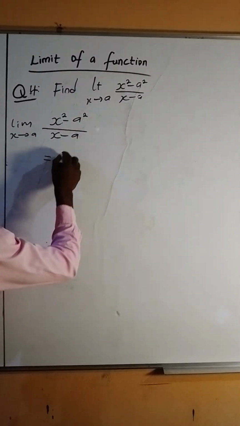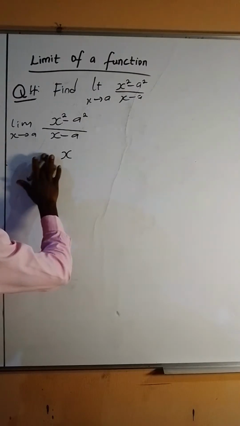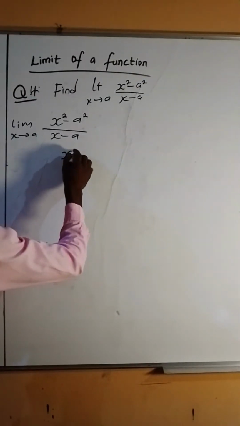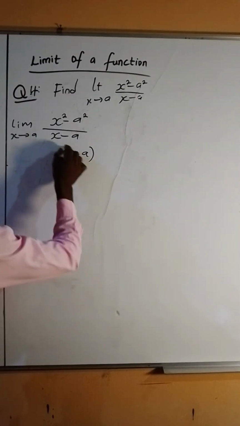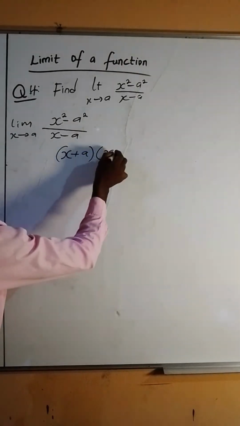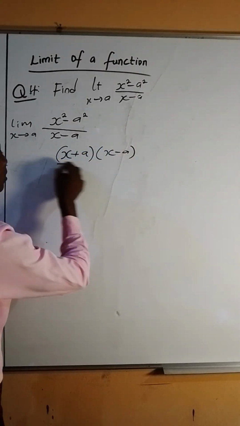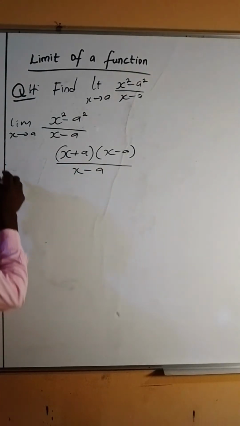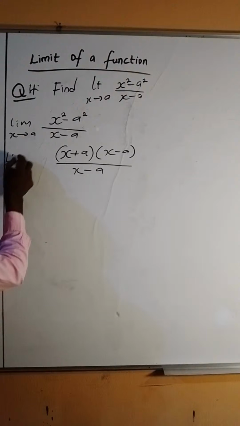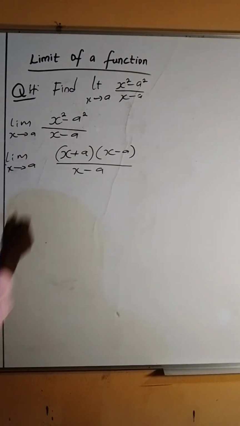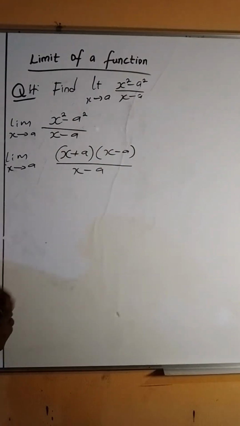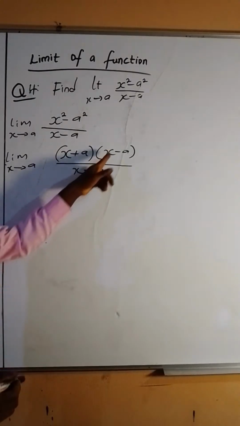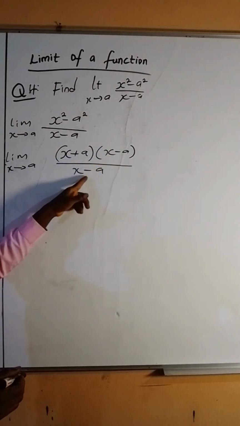So if you factorize the numerator, we're going to have x plus a, then x minus a, then all divided by x minus a, that's the limit as x approaches a. Now, we can see here that we have two brackets that can cancel each other.